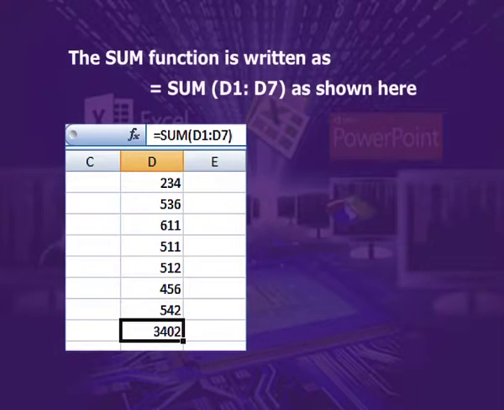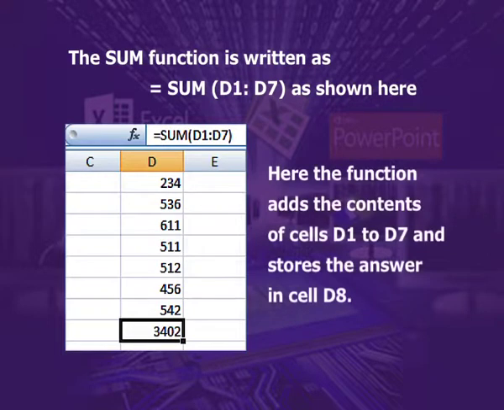For example, the sum function is one of the most commonly used functions in Excel. It is used to add together the data in the selected cells. The sum function is written as equal to SUM(D1:D7), as shown in the figure. Here the function adds the contents of cells D1 to D7 and stores the answer in cell D8.